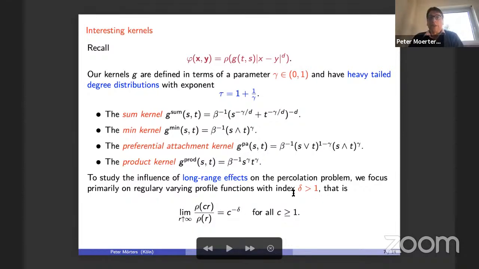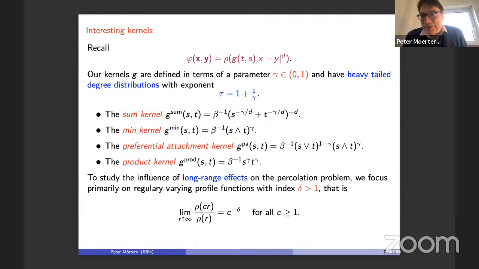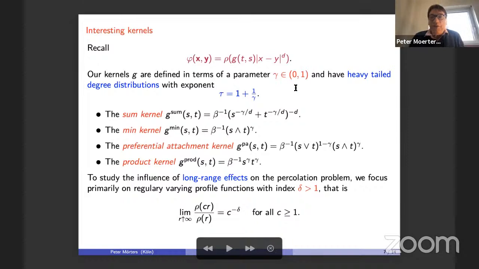So the model has an infinite dimensional parameter structure with the G and the rho, but we're staying away from critical cases, and then we have dependence just on two parameters, namely the gamma, which via this formula determines the degree power law exponent, and the delta, which tells us the decay of this softening variable and determines the likelihood of extra long edges that are not correlated via their end vertices.